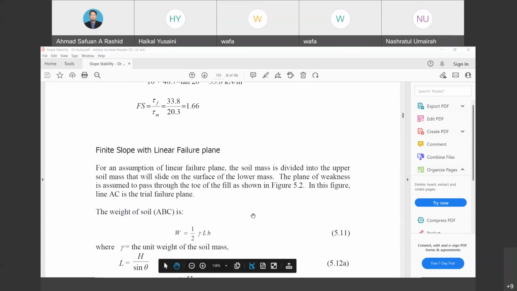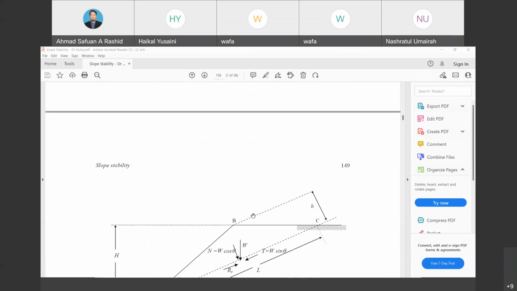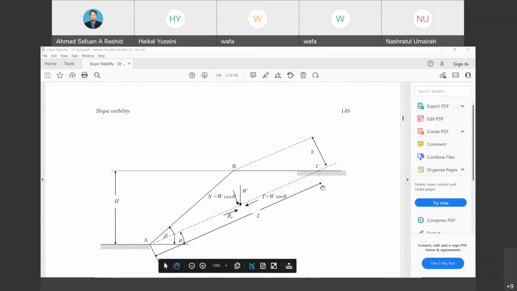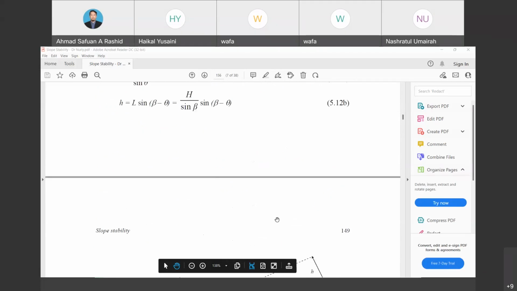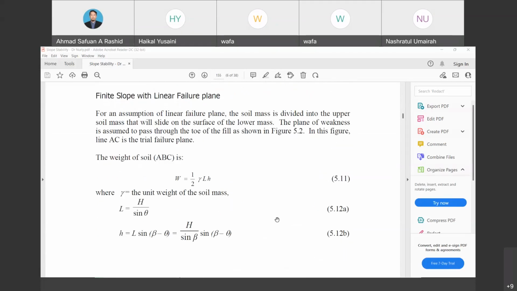In this figure, line AC is the trial failure plane. Okay, so we have seen this diagram in the previous slide. So this is the calculation to determine the W. This is a typical way to determine the weight of the soil.